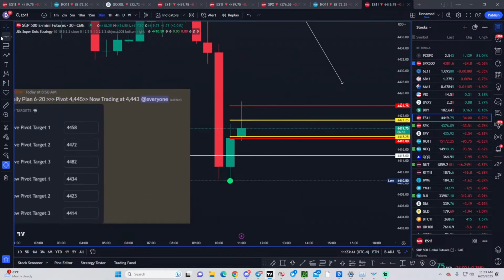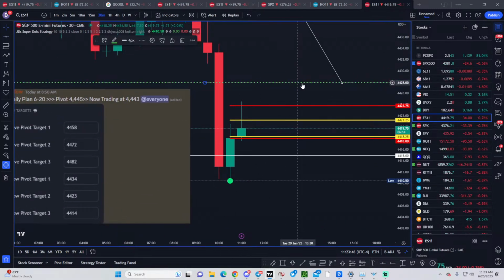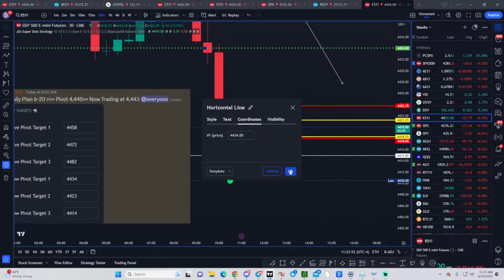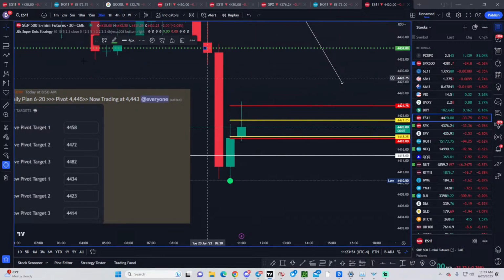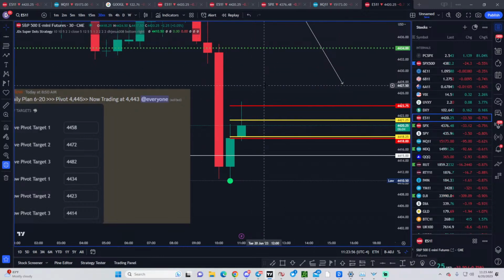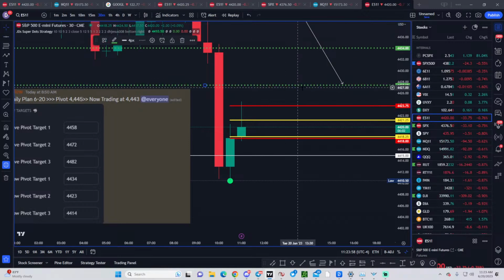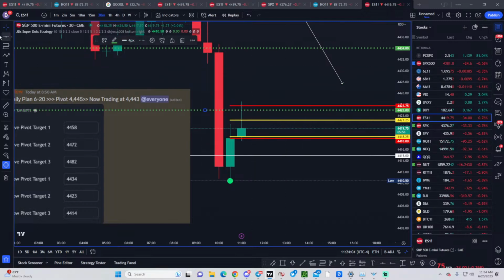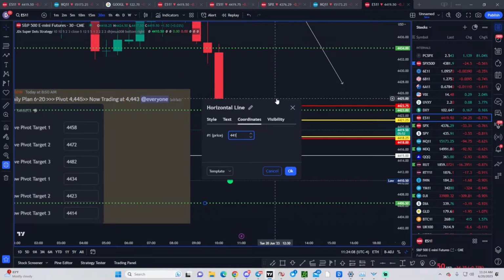Now let's draw another line here for 44.34. Let's draw another line here for 44.23. Let's draw another line here for 44.14.